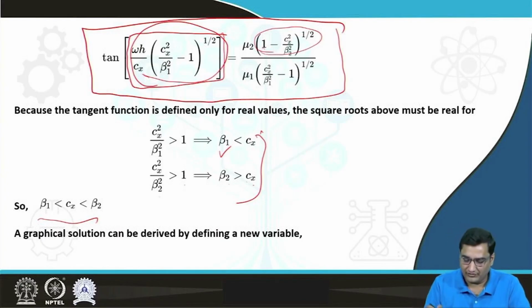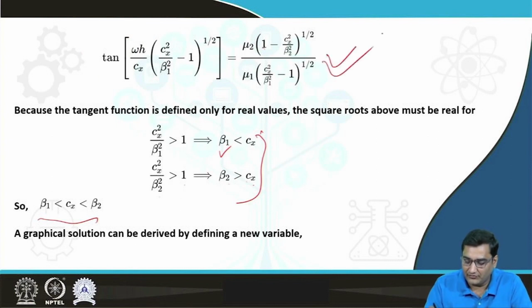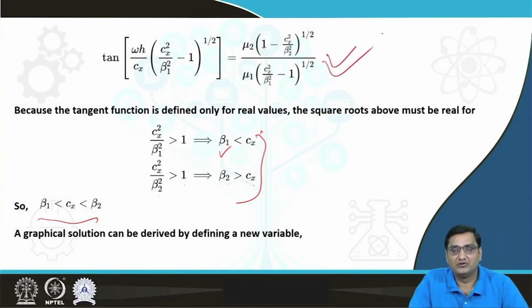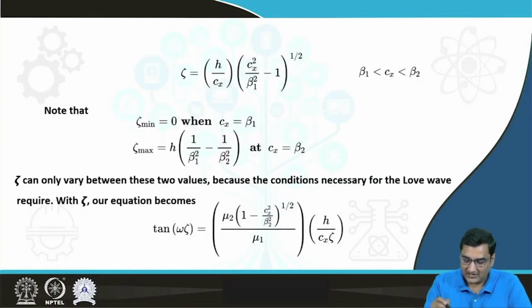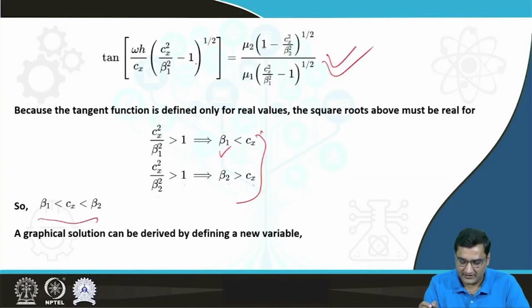As I told you, if I want to solve this particular equation, we need to approach the graphical solution. For this purpose, I need to consider a new parameter, that is zeta.